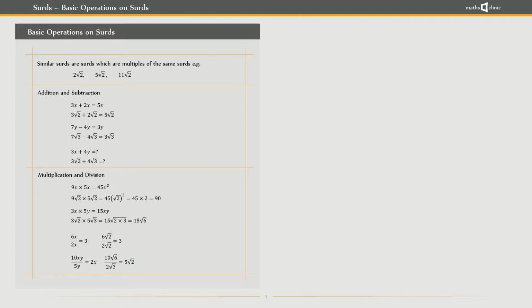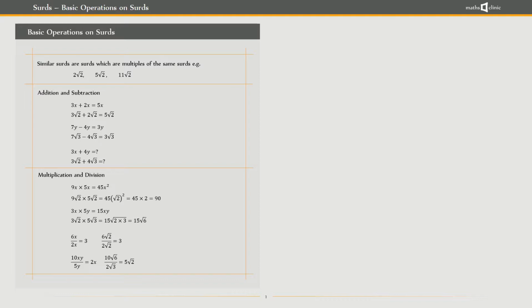So we've learned to add them, we've learned to subtract them, and we've learned which surds we can add and which ones we can't. For you to add or subtract surds, a very important law is that they have to be similar surds. Just like you can't add x and y, you can't add root 2 and root 3. Multiplication and division follow pretty much the same system.